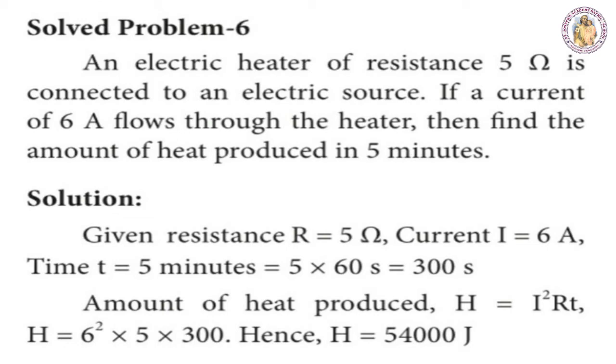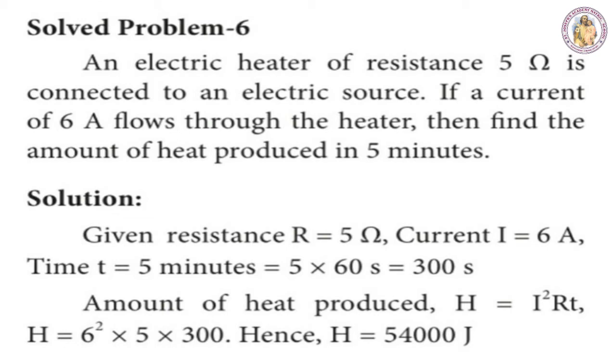Okay, next, amount of heat produced. We already know Joule's law of heating, that is the formula to find the amount of heat produced in the heater. So H is equal to I square RT is Joule's law of heating. I is the current, 6, so 6 square, into the resistance, that is 5 ohm, into the time, that we converted from 5 minutes into seconds, that is 300 seconds.